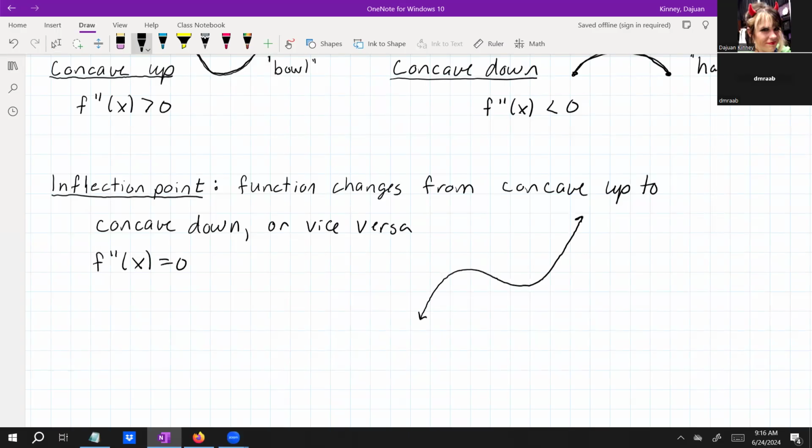We have an inflection point right here. So that's where our graph turns from concave down to concave up. So we switch. And if we were to take the second derivative of whatever function that is, we would find it zero.